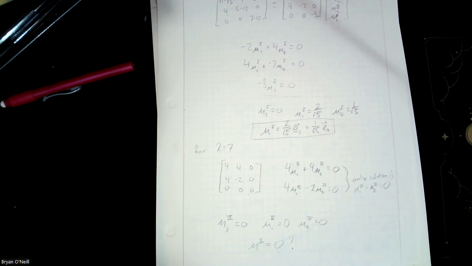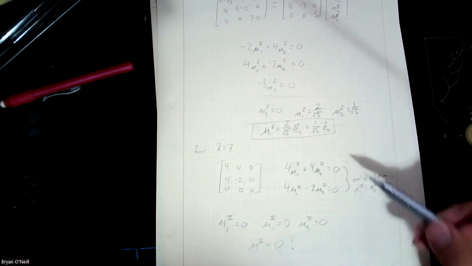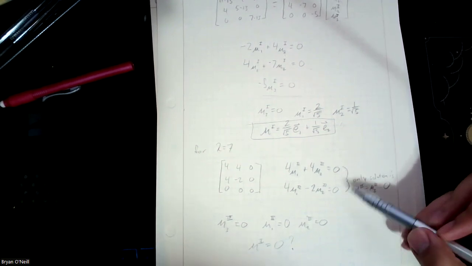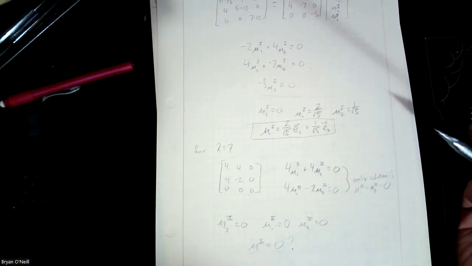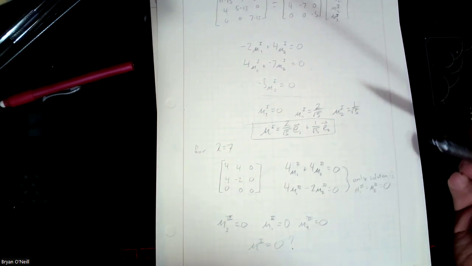But I noticed that other people posting their solutions have set it equal to 1. If anyone knows why that is, just leave me a comment. I could use a little clarification. Anyway, the only solution for the two equations here is that mu sub 1 and mu sub 2 must also equal 0. So our eigenvector for this is 0, 0, 0.